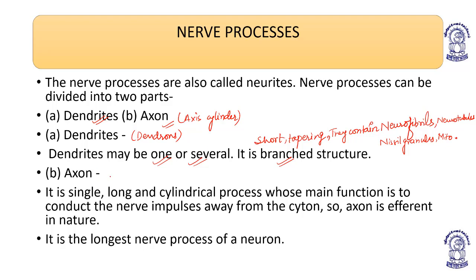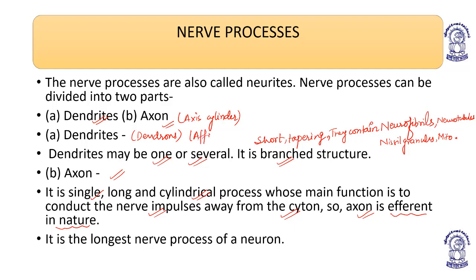Then the axon. The axon is a long, single, cylindrical process with a uniform diameter whose main function is to conduct the nerve impulses away from the cyton. So the axon is efferent in nature. And dendrites are known as what?